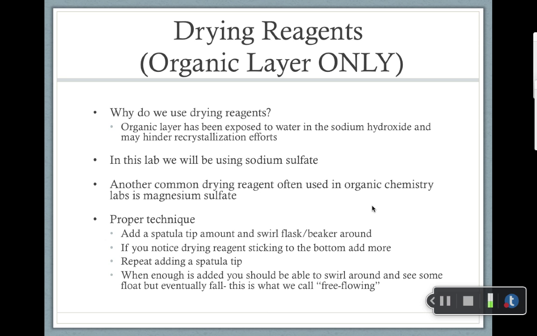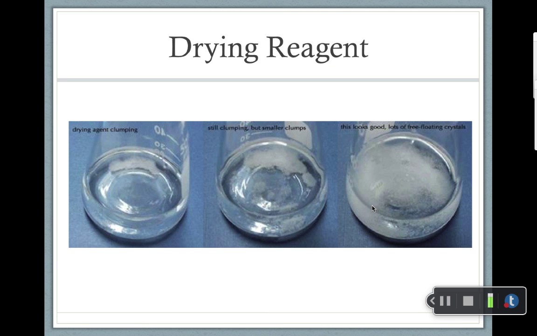If you notice that it's sticking to the bottom or that it looks very fluffy, then you're going to want to add more and repeat that swirling motion. We do this to the point where there's just a small amount that swirls around and floats above the rest, almost like a snow globe, and this is what we deem free-flowing. That's when you know that you've added enough drying reagent.